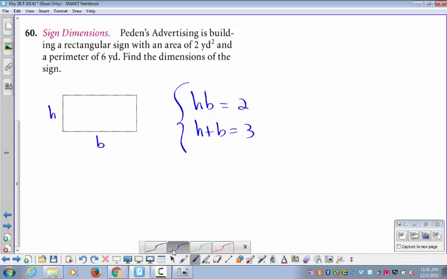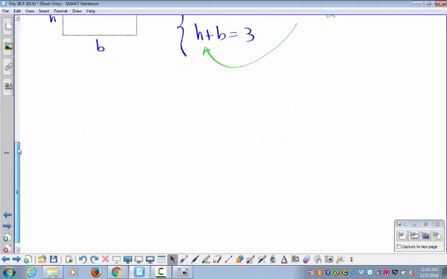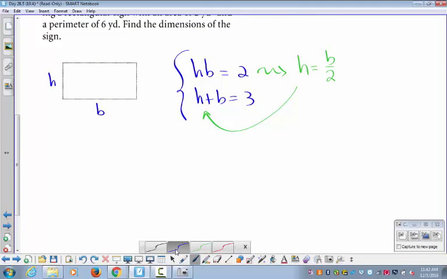So, nonlinear system. Find the dimensions. This is not too hard. We're going to solve the top equation for h, plug it into the second equation, and solve for b. So we have b over 2 plus b equals 3. So it tells us that we have 3 halves b equals 3. So b will equal 2.